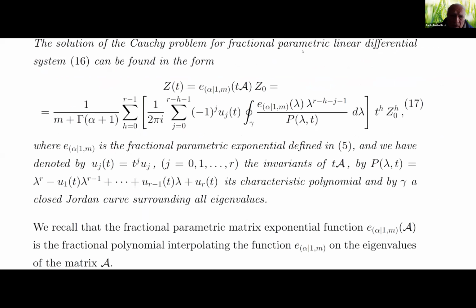The solution can also be written in the classical formula generalizing the previous result, in which instead of the operator exponential here, there is the function we have defined, like an eigenvalue of the operator. So the result is just the same.